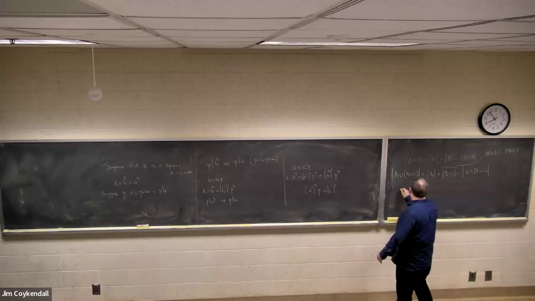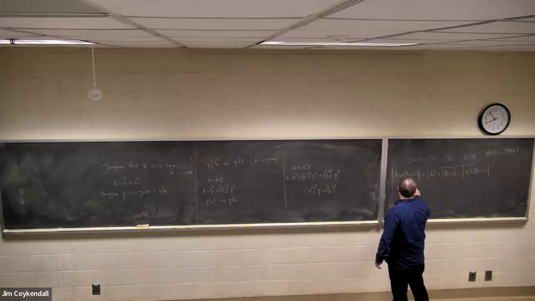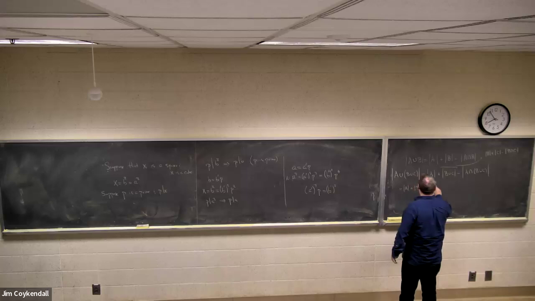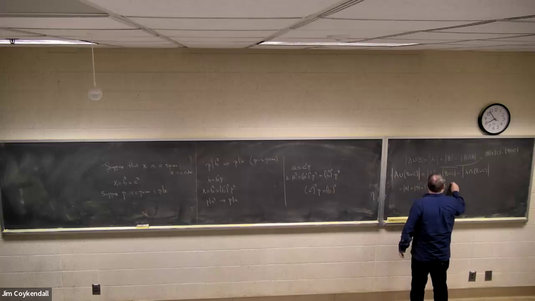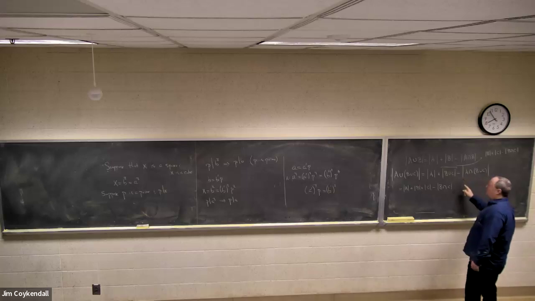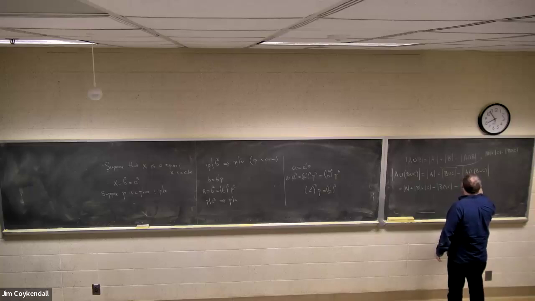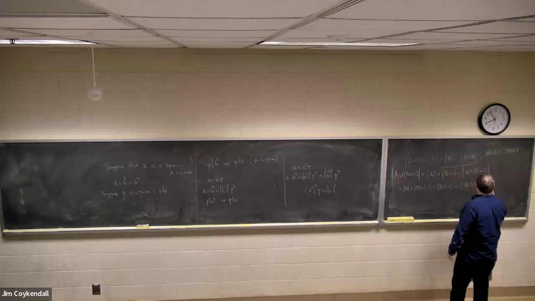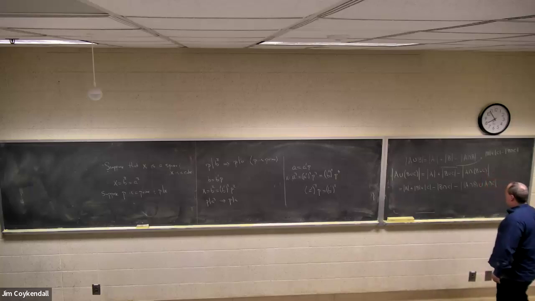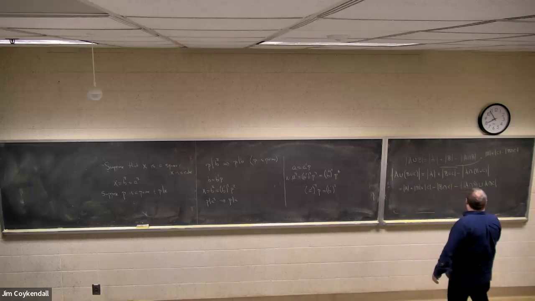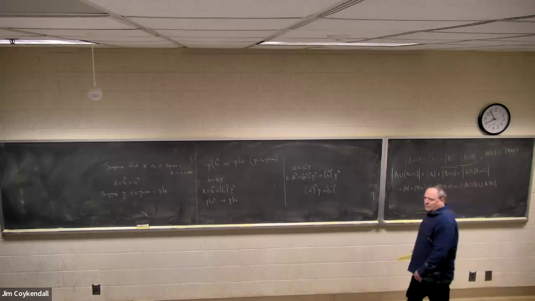So let's see what we've got so far. And then we've got this pesky A intersect B union A intersect C. Okay, so this is a union too, right?